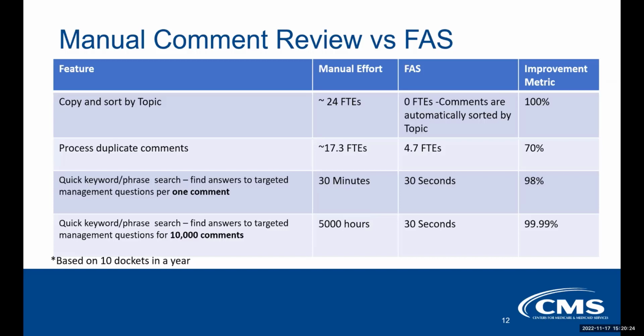Part of the efforts required to review these comments include reviewing by topic to ensure that each topic is addressed based on the comments associated with it. Estimating about an hour per comment and having about 50,000 comments to review over the period of a year, looking across these 10 dockets, doing those calculations, we came up with approximately 24 FTEs to get this effort done manually.